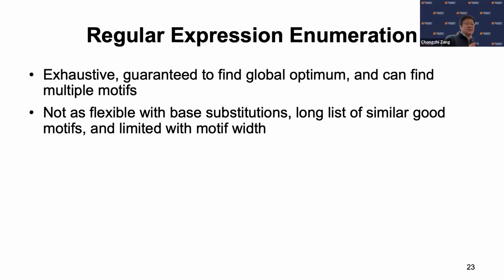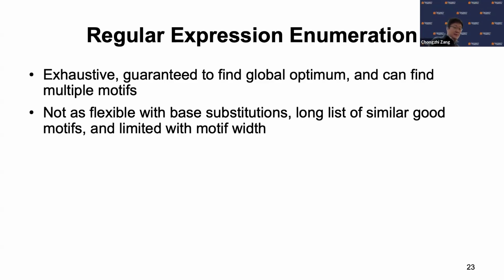So it's guaranteed, which is a good thing. We can guarantee to find the global optimum and can find multiple motifs. If we give a cutoff for how we call an overrepresented K-mer, all such K-mers can be considered as an enriched sequence motif. So it is exhaustive, and guaranteed to identify all of them.